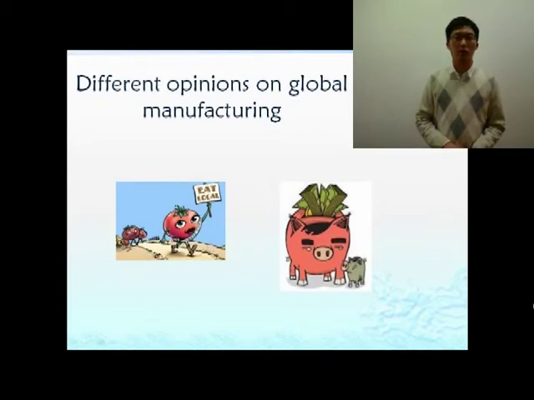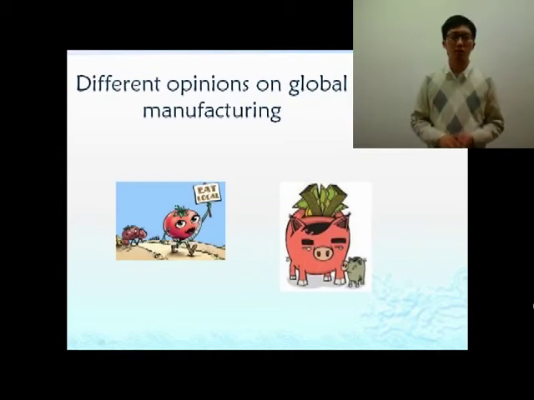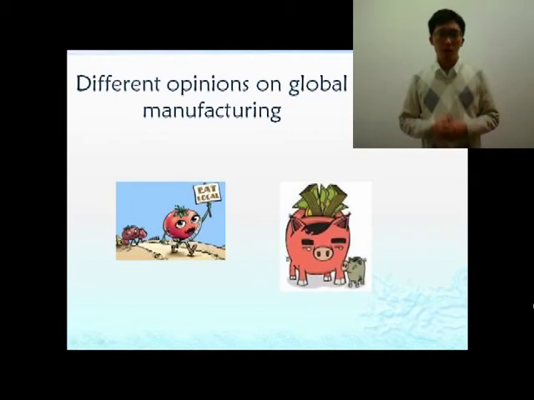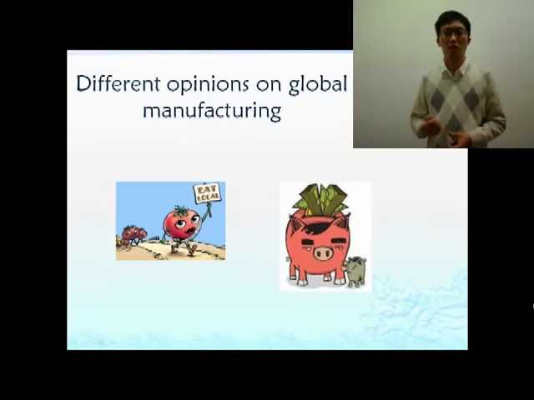Especially, a lot of people in Western countries lost their jobs because their factories moved to other countries. They think those factories in Asia grasp their jobs away. They treat global manufacturing as an evil, which should be banned forever. Some extreme opinions, such as eat local, use local, appear to fight against this trend.